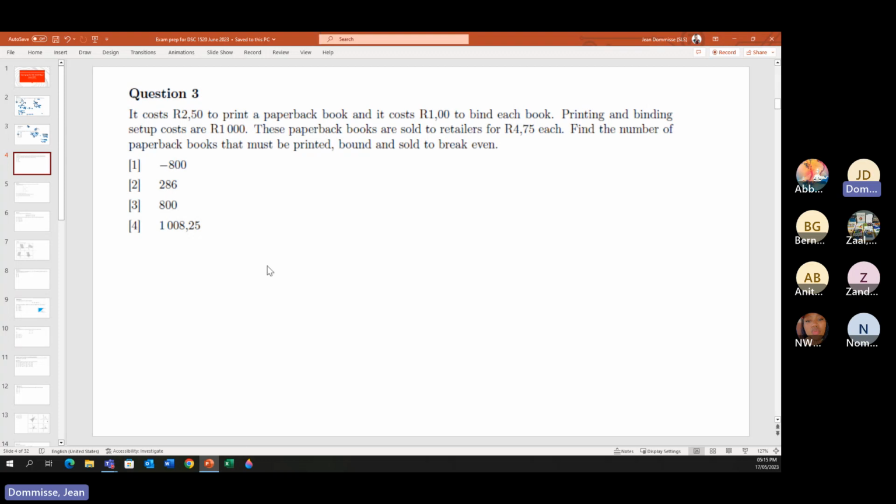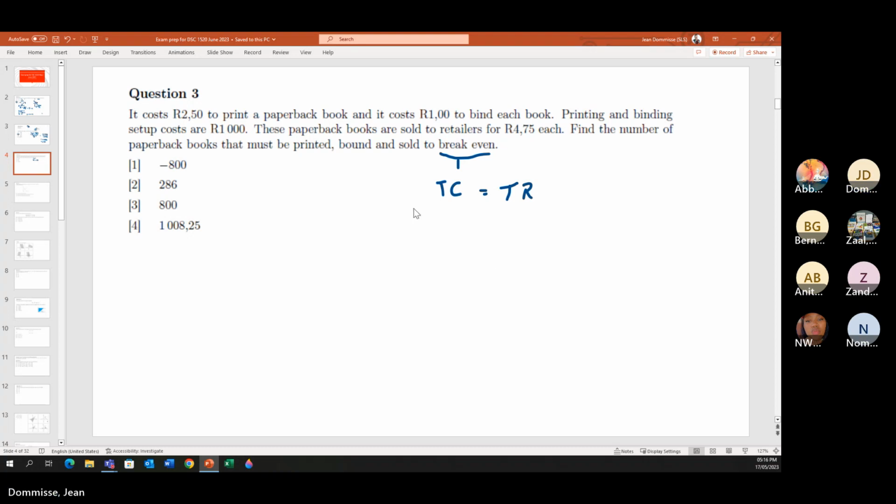Okay, so for something to break even, we need to find what is total cost equal to total revenue. Okay, so when total cost is equal to total revenue, that is when we have a break-even point. We don't lose money, we don't make money, but we are in business.